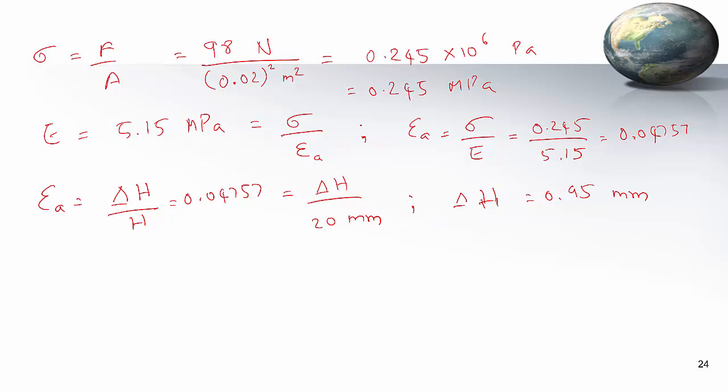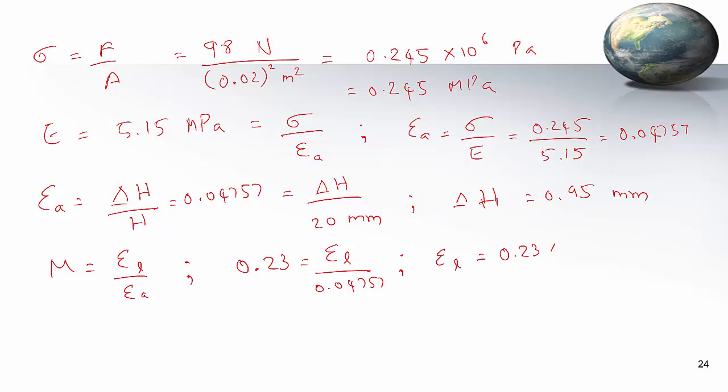Right? Then the Poisson's ratio is the lateral strain over the axial strain, and the Poisson's ratio is given as 0.23, which is equal to the lateral strain over the axial strain, 0.04757. Therefore, the lateral strain is equal to 0.23 times 0.04757, which should be equal to 0.01094.